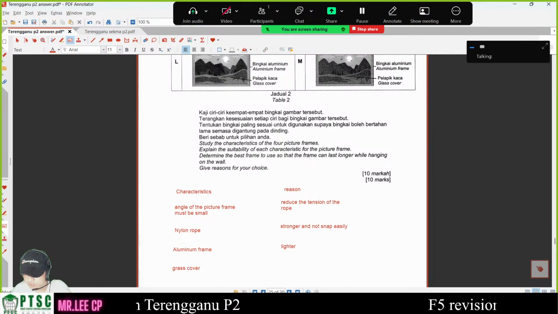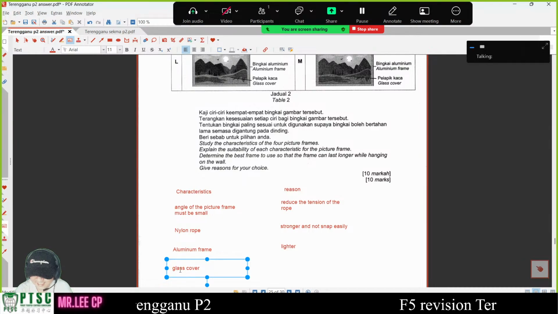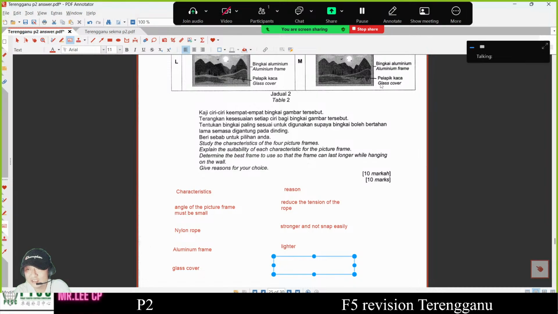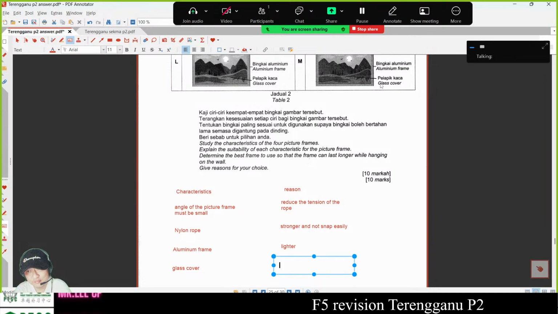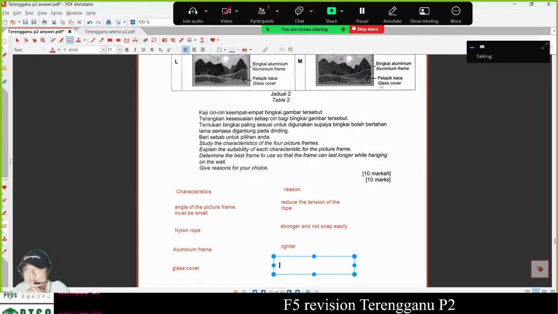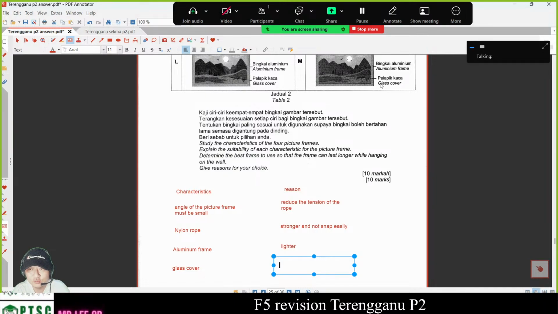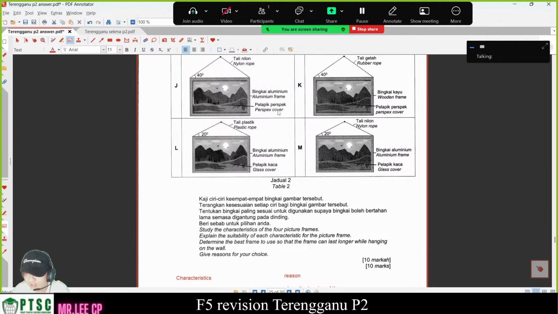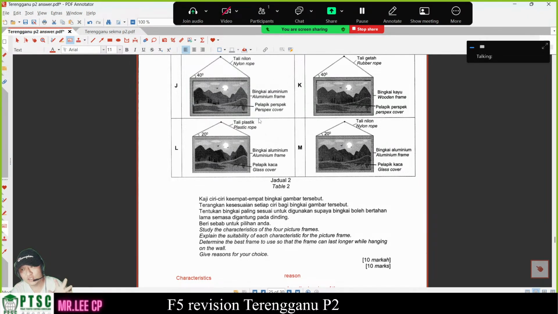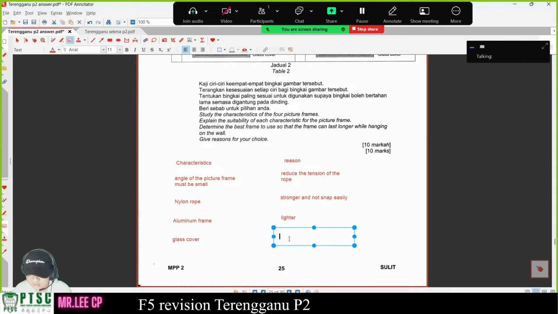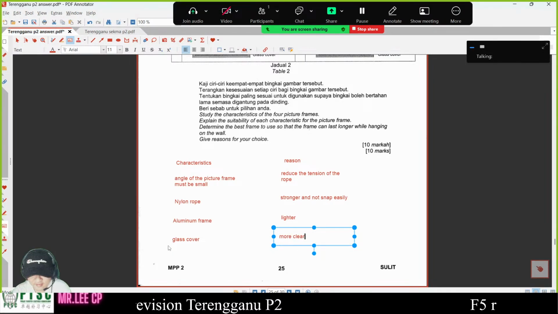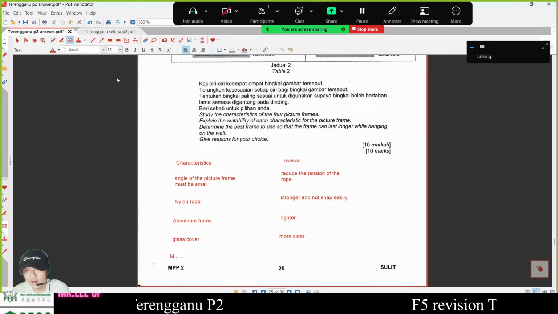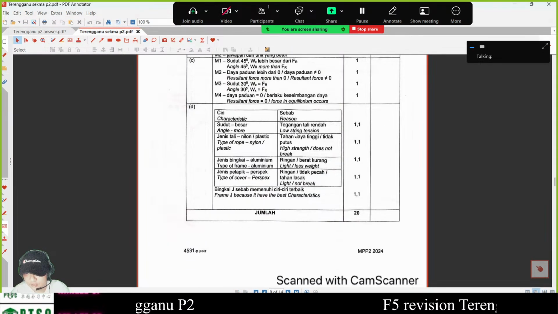Actually the glass cover is used to protect the picture, right? But why not use the perspex cover? Perspex is not so clear, so glass cover is more clear. So the answer is M. You remember to write, okay?